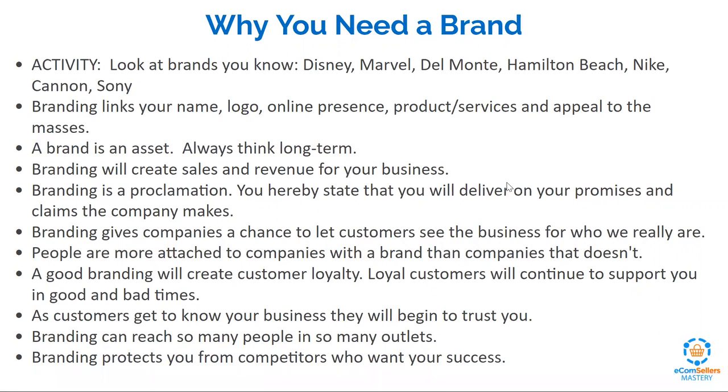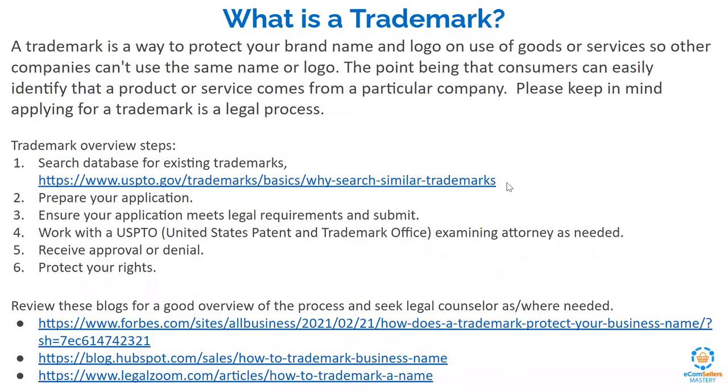All right. The next thing I want you to do, once you've done some research on brands, is think about what your brand name might be. Write down 5 to 10 different options for what your bundle brand name might be. If you're planning on selling bundles that span any category, Disney is one that spans almost any category, because I've seen everything from Disney clothes to Disney shoes to Disney jackets.